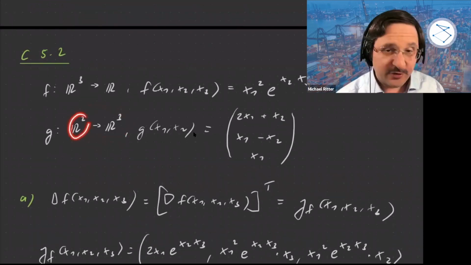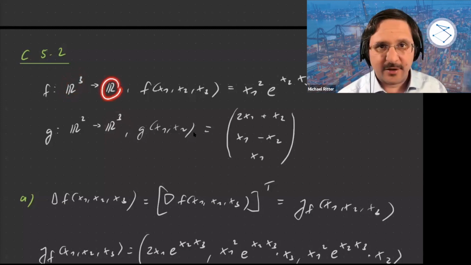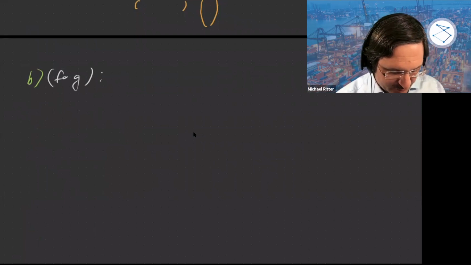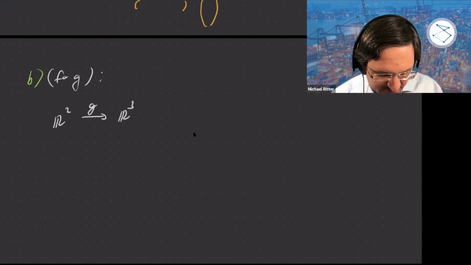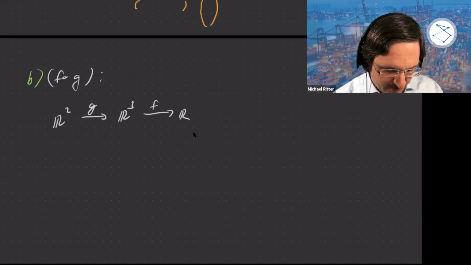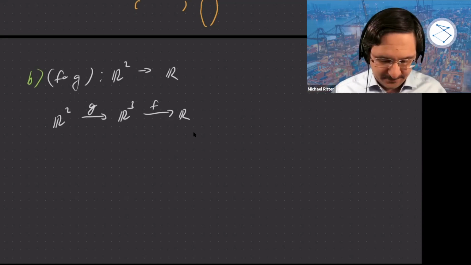So we start with a 2-dimensional input, produce an intermediate result in R3, then apply f, and we end with a real number as the output. So this combined function starts in R2 and the output is in R. R2 is the domain, R is the codomain.